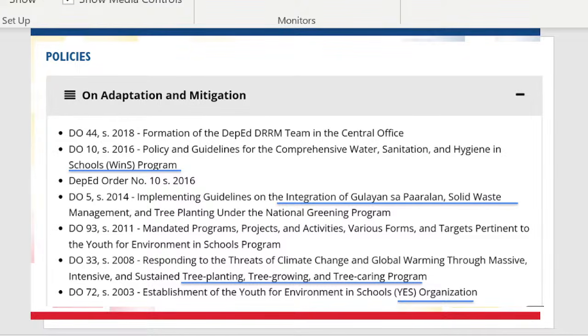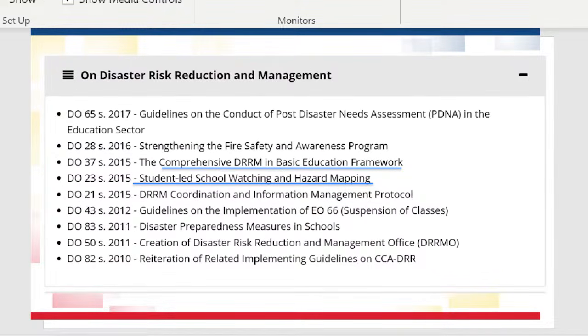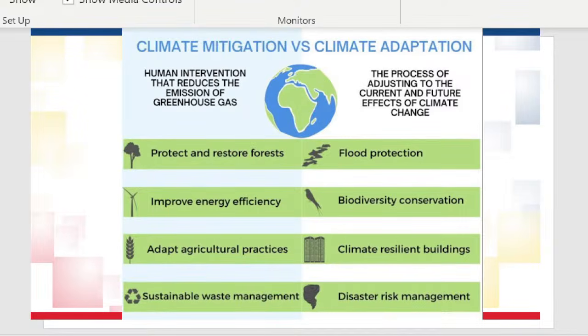This includes the WINS program, the Gulayan sa Paaralan, solid waste management, tree planting, tree growing, tree caring program, the establishment of the YES-O organization, and disaster risk reduction and management policies like the Comprehensive DRR in Basic Education Framework and the student-led school watching and hazard mapping. These are the policies that are relevant to climate change mitigation and adaptation.